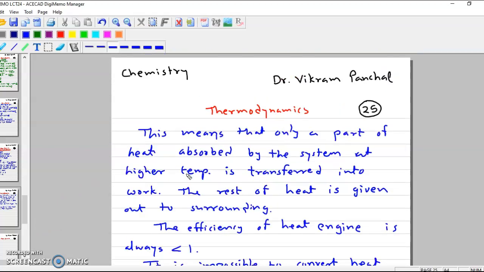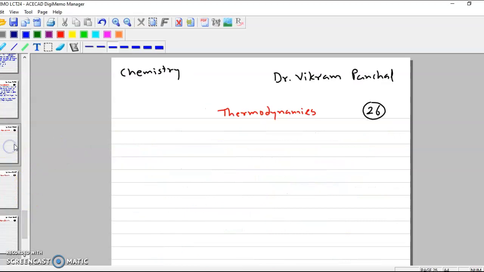Now we will take numericals based on the Carnot cycle.